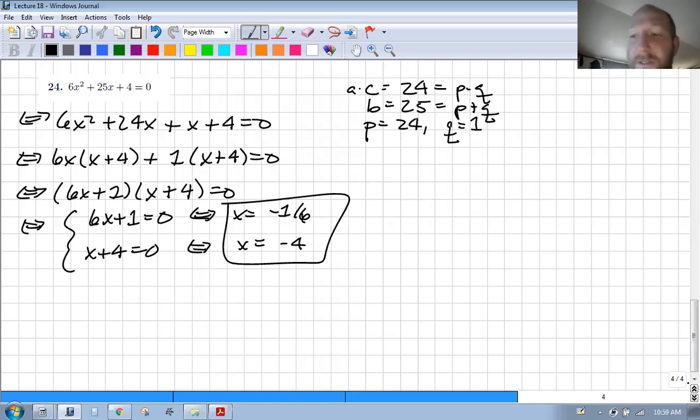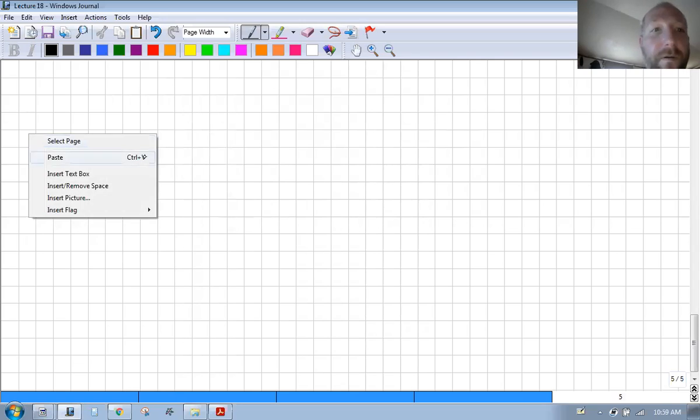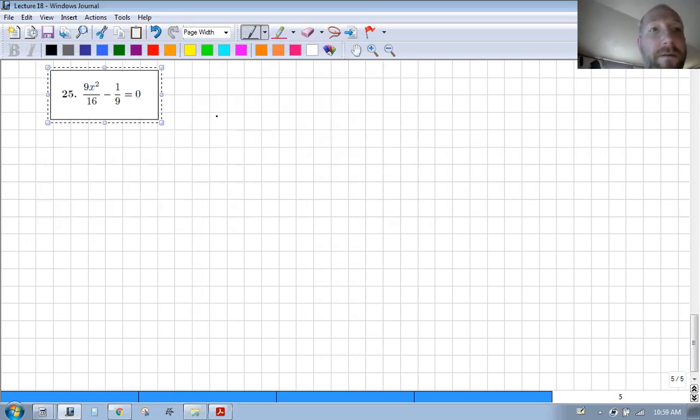Here's some with fractions. 16 and 9. Let's see, what can we do here? It'd be easier doing the square root method, right? But they told us specifically to use the zero point.